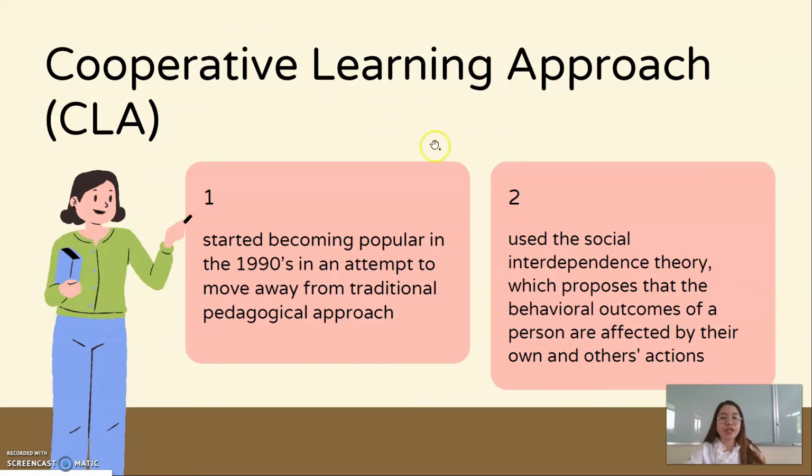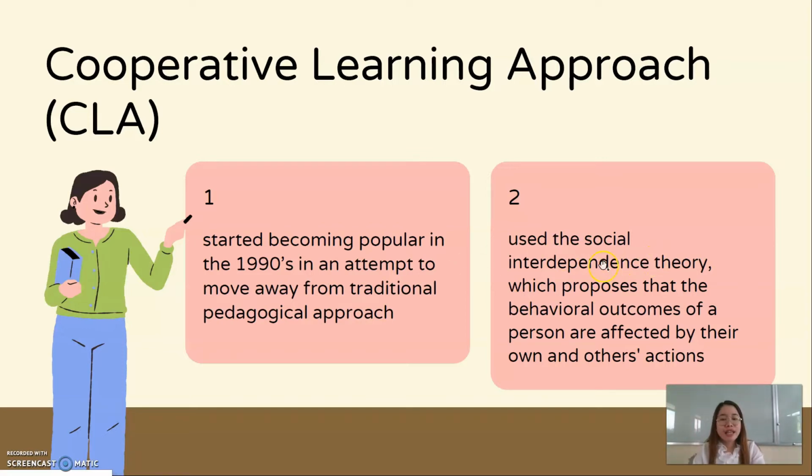So, the cooperative learning approach, or CLA, started becoming popular in the 1990s in an attempt to move away from the traditional pedagogical approach. Meaning to say, the cooperative learning approach is the very first step of change in our educational system from the traditional pedagogical approach.